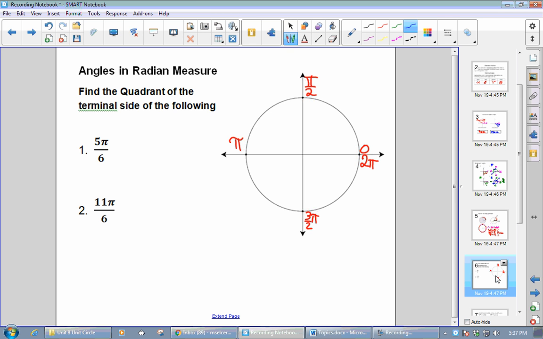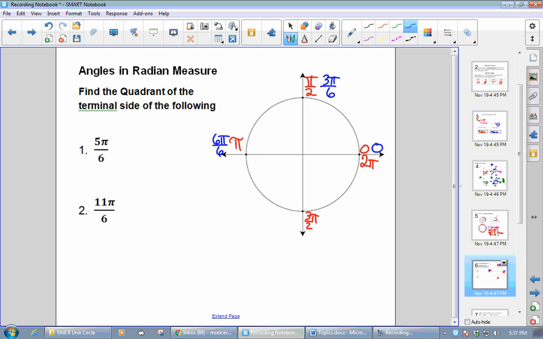Okay, well, I need to think of my circle in terms of 6. So I'm going to take my blue pen and go back over it. 0 is still 0. All right, if I change pi over 2 into 6, it would be 3 pi over 6. If I changed 1 pi into 6, it would be 6 pi over 6.